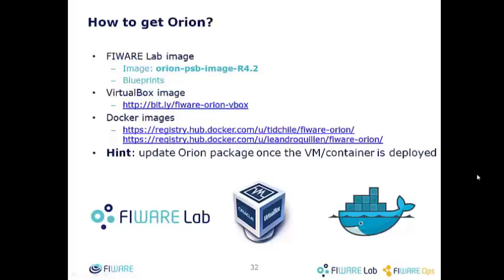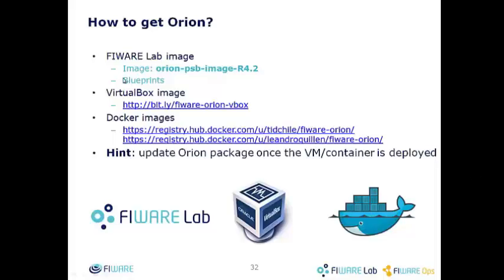All right, then, this is it for the basics of Orion Context Broker. Then there's the question of how to get Orion. You've got the FIWARE Lab image, which is on the FIWARE Lab.